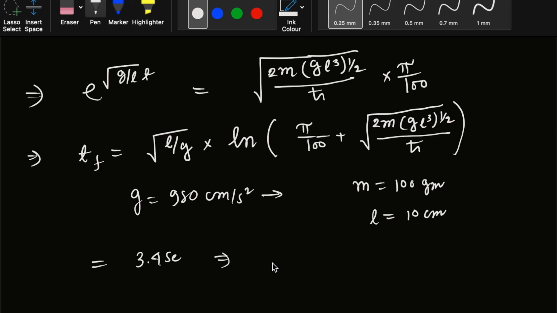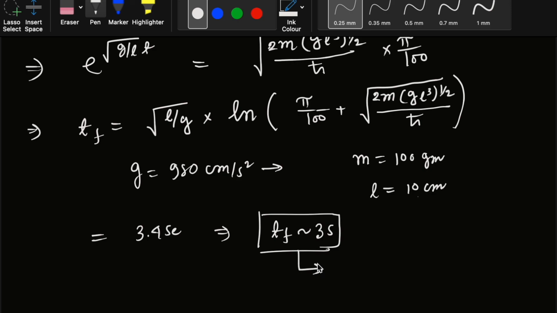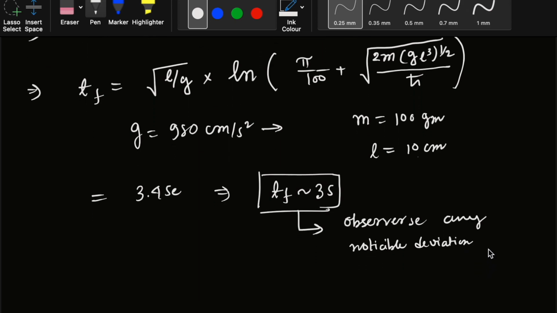That means t_f is in the order of 3 seconds. If we wait 3 seconds, we can observe any noticeable deviation of the angle theta. And let us check whether this t_f is larger than root l by g or not.